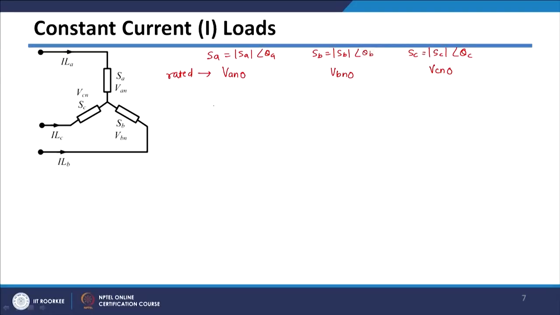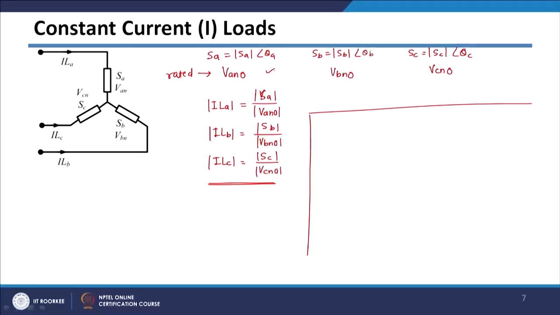So the current magnitude of load A, ILA magnitude, can be calculated from SA magnitude divided by VAN0 magnitude. Similarly, the magnitude for B is SB magnitude divided by VBN0 magnitude, and ILC is SC magnitude divided by VCN0 magnitude. This gives you the currents which remain constant throughout the operation, or throughout the load flow solutions.